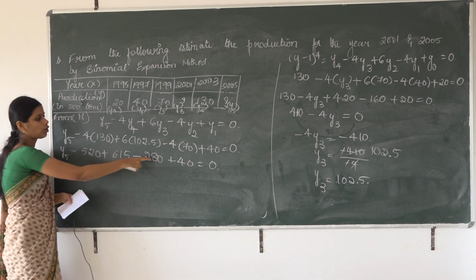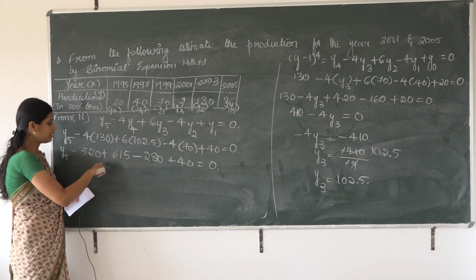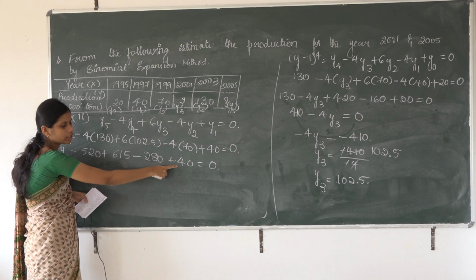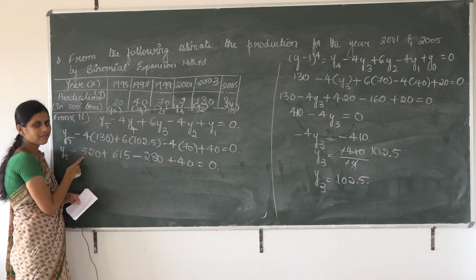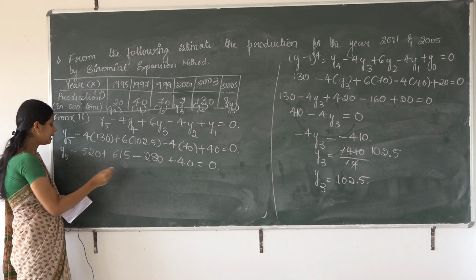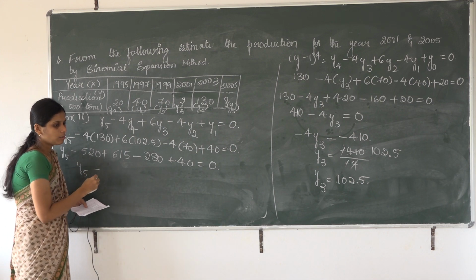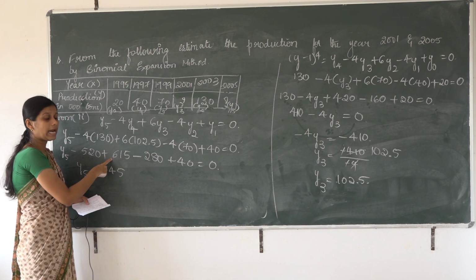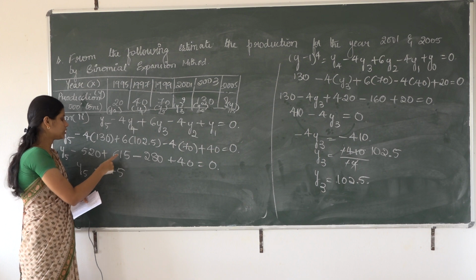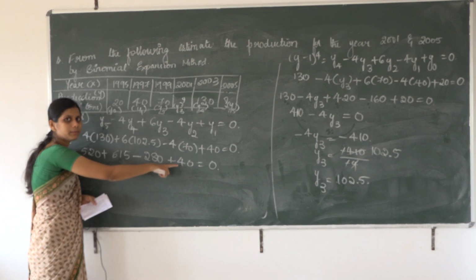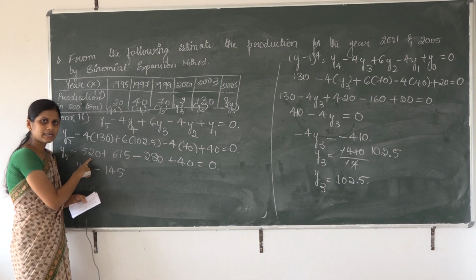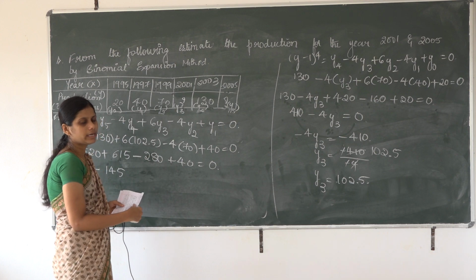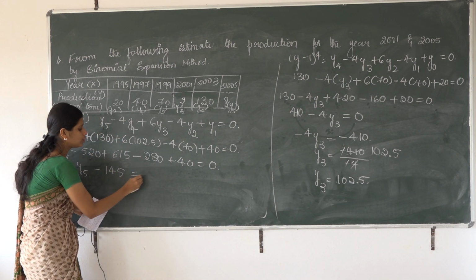Now substitute all the values. First we will add the positive values, then we will deduct the negative values. 615 plus 40, it is 655, minus 520 minus 280. It will be y5 minus 145 is equal to 0.